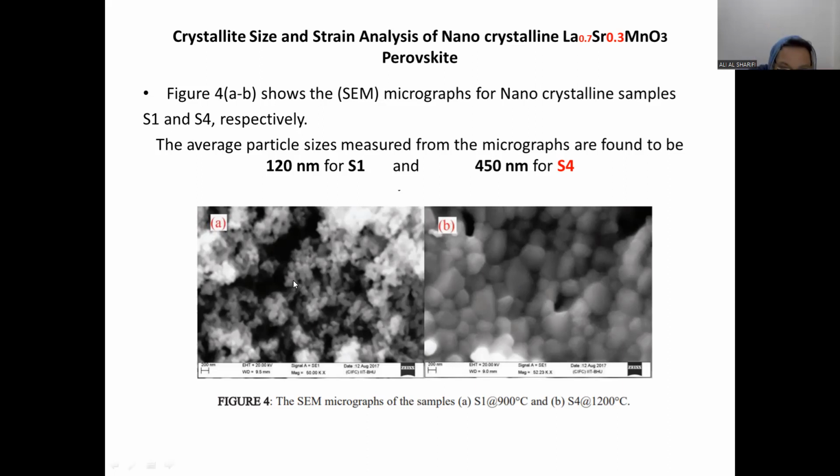These small balls increase to be like that, from 120 to 450. Figure 4A and B shows the scanning electron microscopy images for nanocrystalline samples S1, S2, like I explained before. Respectively, the average particle size increased from 120 to 450 nanometers.